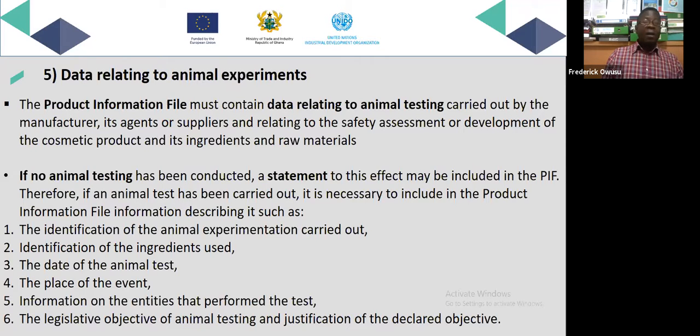Four, the place of the event, that is where the test was carried out. Five, information on the entities that performed the test. You want to see the competence of the people who carried out the test, and any legislative objective of the animal testing and justification of the declared objective.